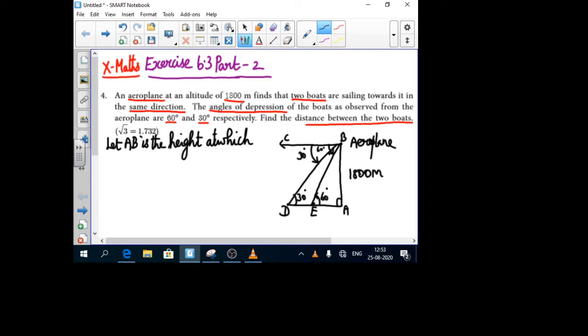The AB is the height at which the airplane is flying.